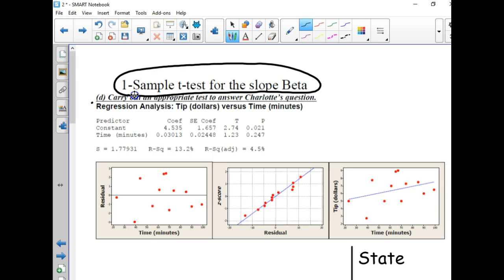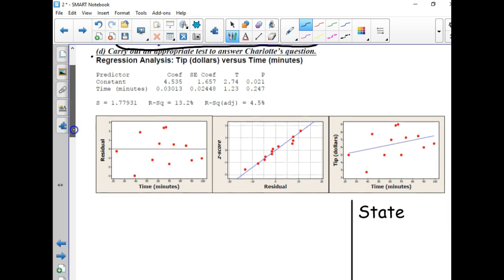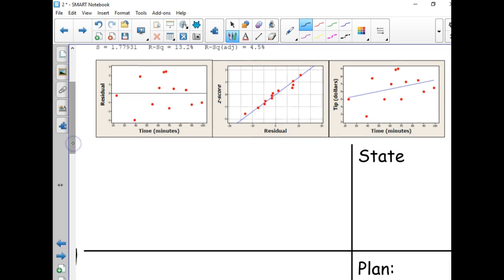We're going to do it with a test now, okay? The first part would be the state. Your state is going to have your null hypothesis, your alternative hypothesis, and your parameter. What is your parameter this time? I know, it's beta.